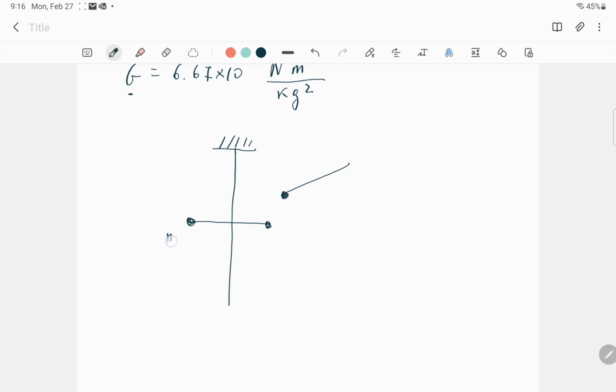So let's say this is M, this is M, those two masses are the same, and this is a different mass, okay.